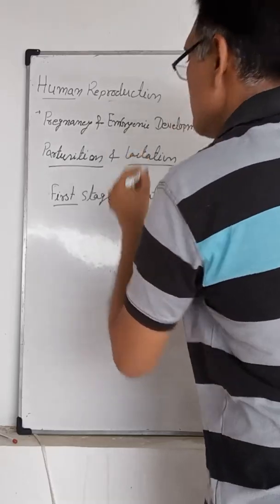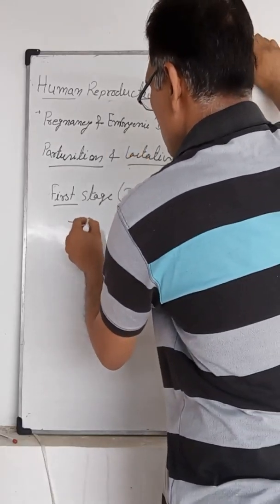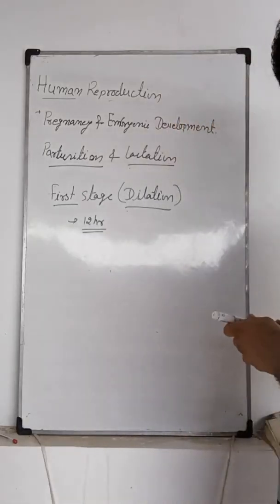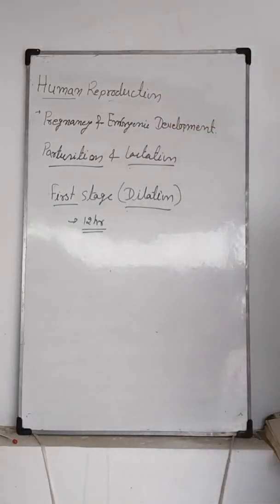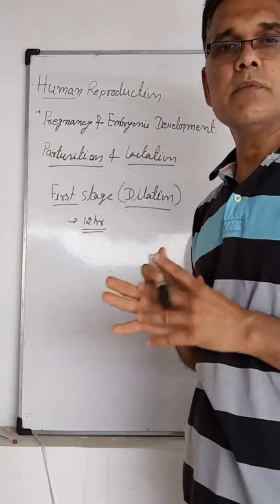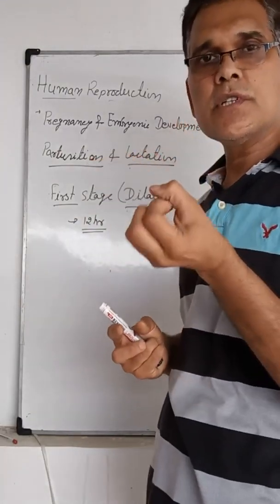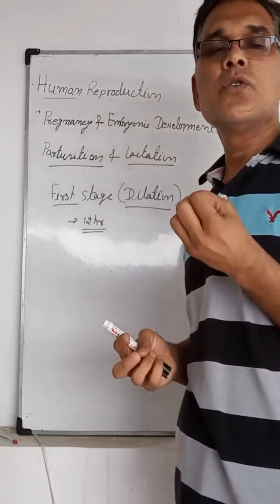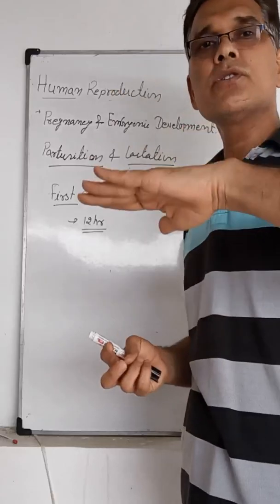Dilation lasts for up to 12 hours. During the dilation stage, the regular peristaltic contraction of the uterus increases. Initially the contraction of the uterus increases, which increases oxytocin. Oxytocin again increases uterus contraction, then again increases oxytocin.